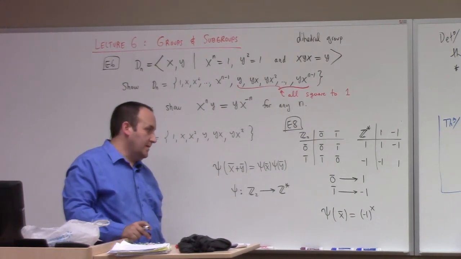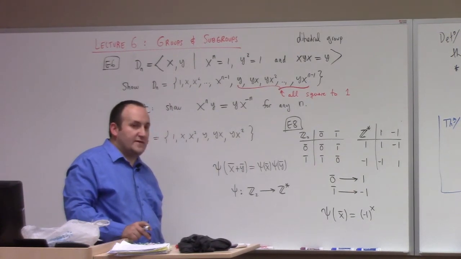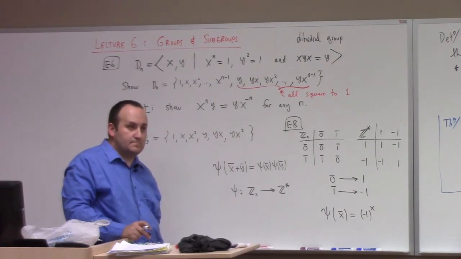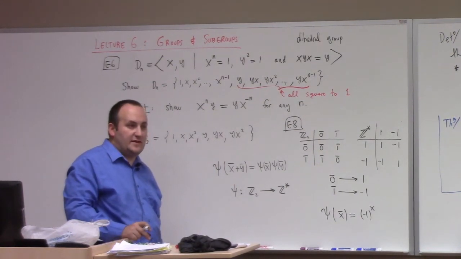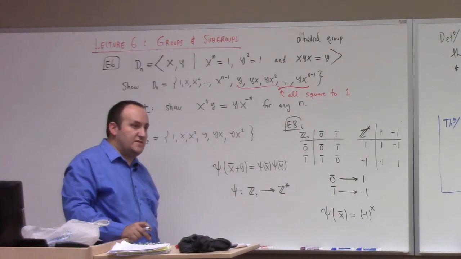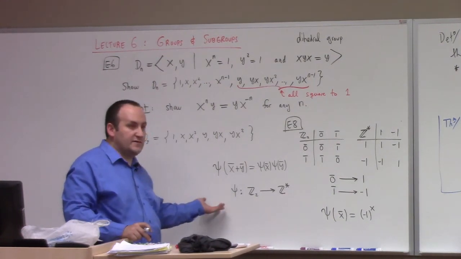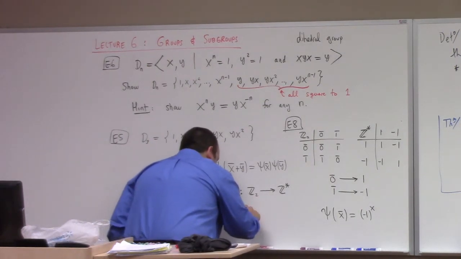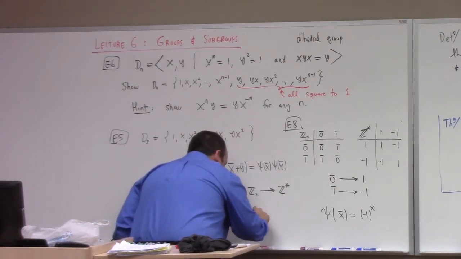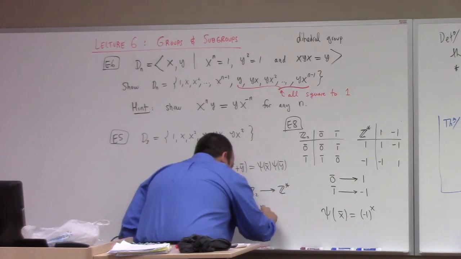And we say that Z2 and Z star are isomorphic as groups. To say two groups are isomorphic basically means they have the same structure, it's just a change in notation. The notation changing map we call the isomorphism. Again, technically an isomorphism is a bijection which preserves the group structure.